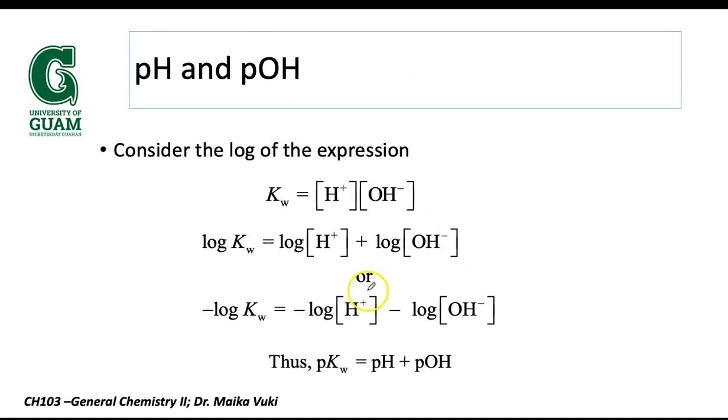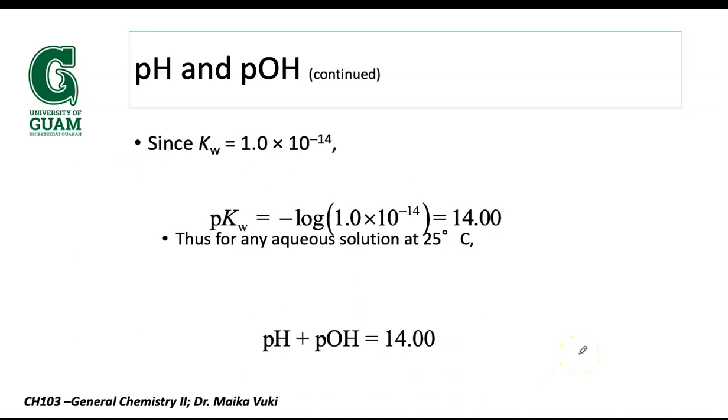So that leads me to this equation that I've just shown you. pKw is equal to pH plus pOH. Okay. And we can calculate the pOH and we can calculate the pH, or in that sense also work out pKw.